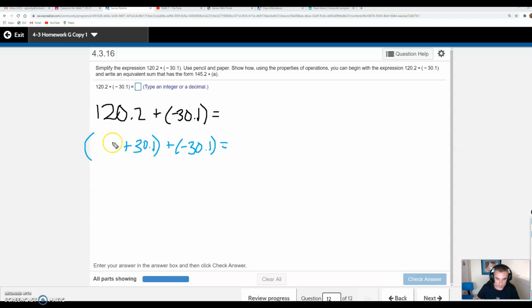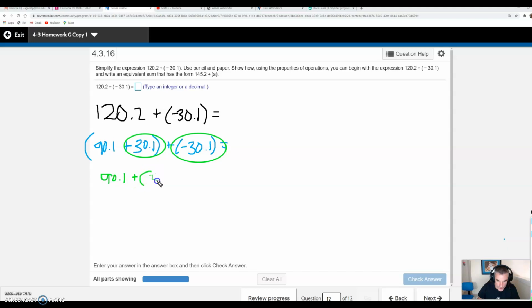120.2 minus 30.1 is 90.1. And again, I don't mind if you use a calculator for that. All right, the whole reason we did this is to get a pair of additive inverses. I have positive 30.1 and I have a negative 30.1. Those add to 0, so I get 90.1 plus.